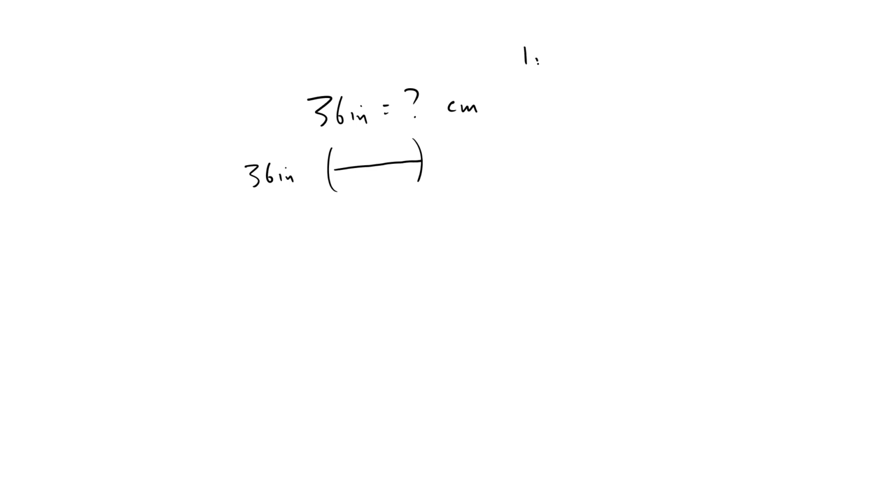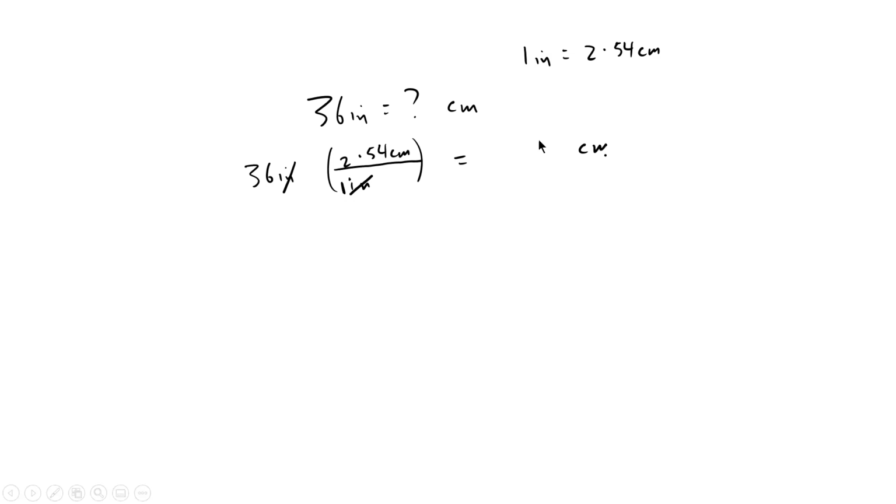Now remember, 1 inch is equal to 2.54 centimeters. So here we're going to put 1 inch down here and 2.54 centimeters above. And this is a setup because we want to eliminate the inch unit, and the only unit remaining will be the centimeter unit.